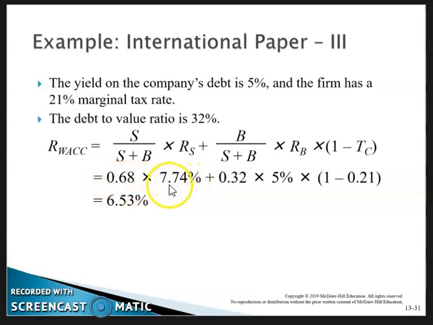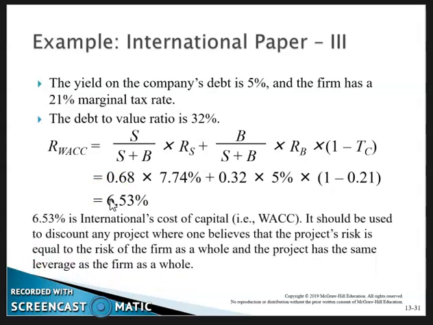Recall that the required rate of return on stocks was 7.74%, plus the weight in bonds multiplied by the yield to maturity of 5%. Again, this would give us the pre-tax cost of debt. To get the after-tax, we multiply by 1 minus the tax rate, 21%. That gives us a weighted average cost of capital of 6.53%.